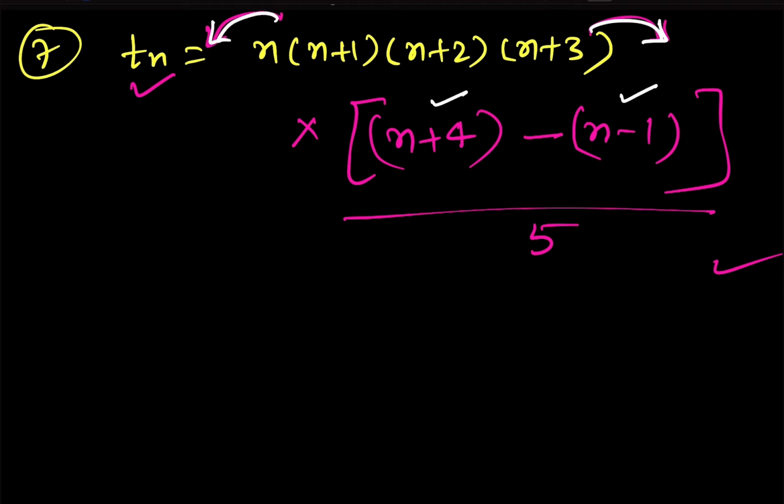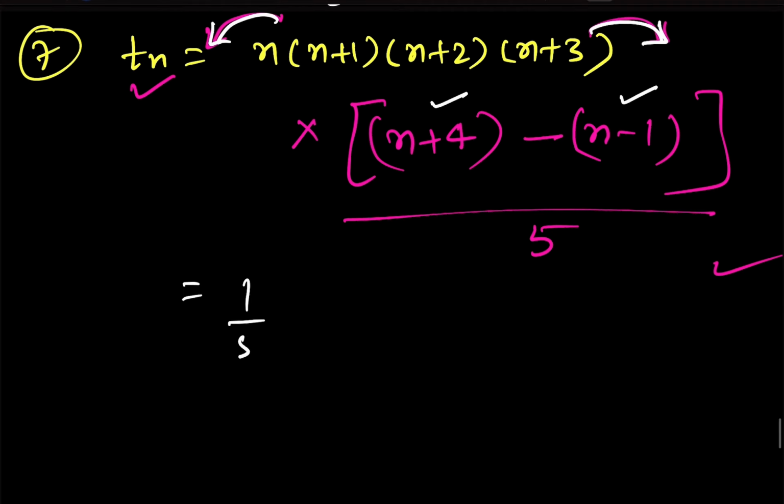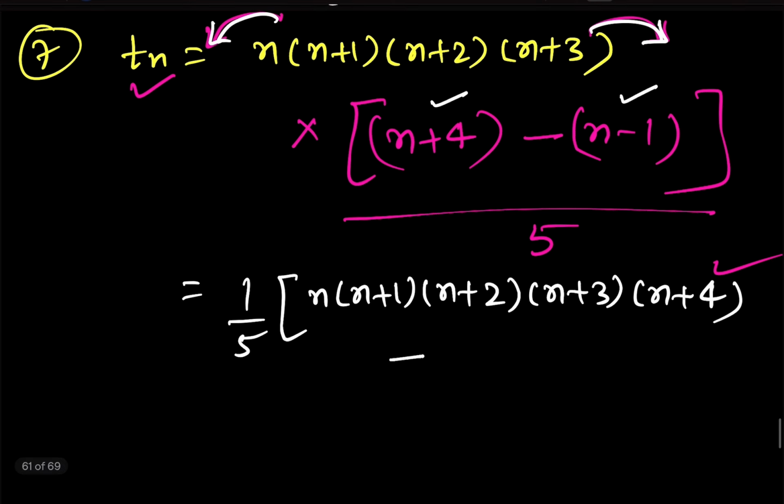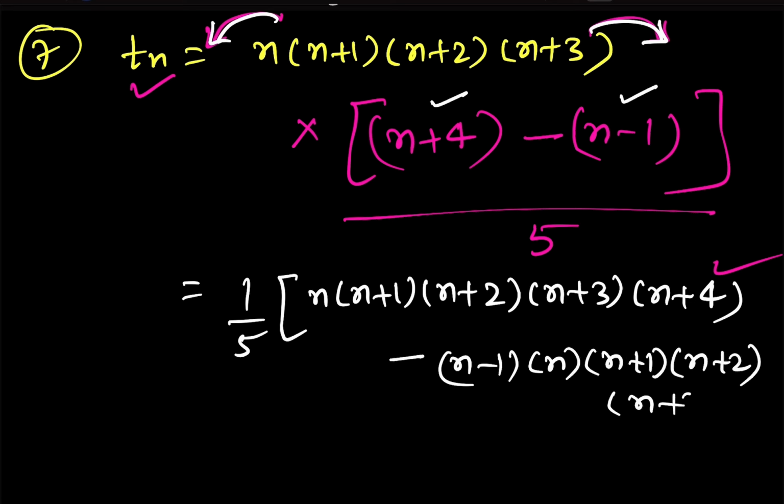You will see a very interesting fact: this will become 1 by 5. The first one will become n into n plus 1 into n plus 2 into n plus 3 into n plus 4, and the second one will become n minus 1 into n into n plus 1 into n plus 2 into n plus 3.